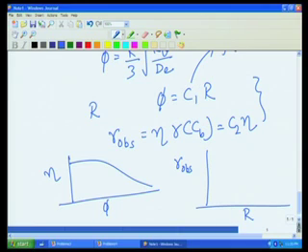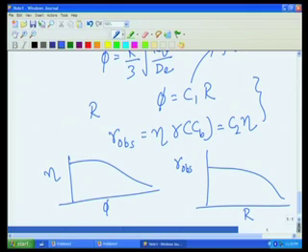I do not know what that constant is, but that is a constant. Similarly, R observed and eta are related by another constant C2. Once again, I do not know the value of that C2, but I know it is a constant. So, this is nothing but a linear transformation of eta and phi that will give you R observed versus R. So, that also qualitatively will have the same behavior, and we want to find out what is that linear transformation between the two axes.